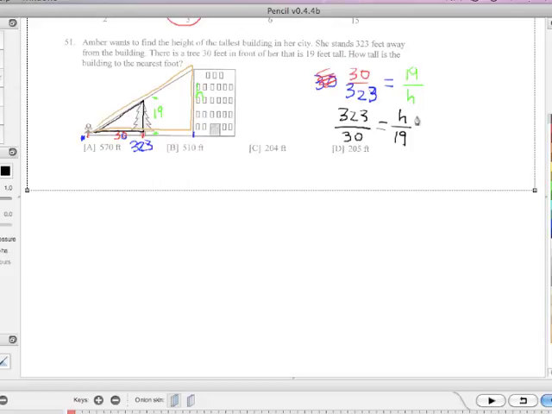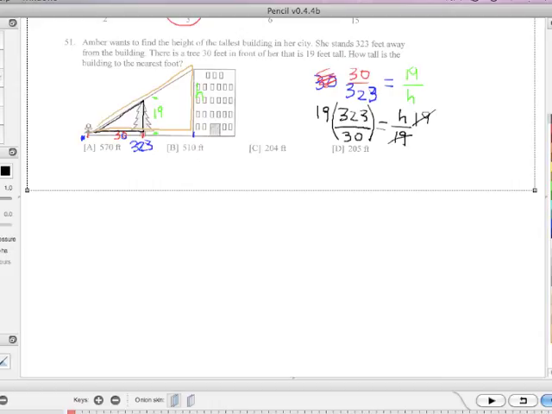And then multiply both sides by 19. 19 over 30 is a little less than 2/3, so we need a little less than 2/3 of 323.